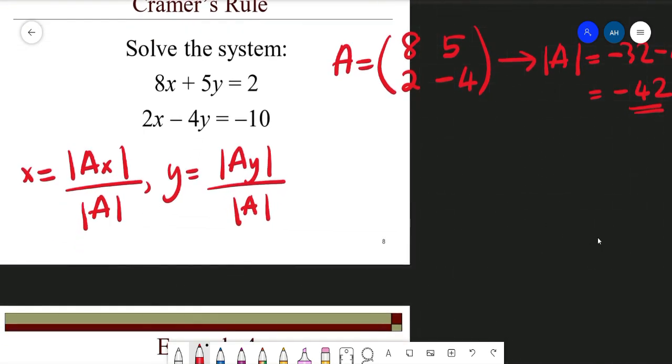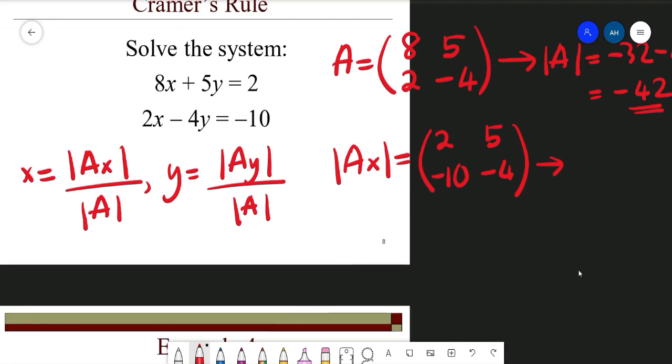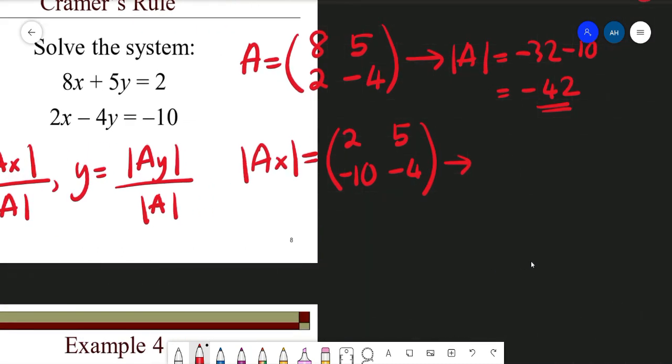Now let's write down the matrix Ax. Matrix Ax is equal to, we are going to replace the first column by the right hand side, that is 2, negative 10. The second column is the same, that is 5. We have negative 4 there. Now from here, can we calculate the determinant of Ax? We have 2 times negative 4 is negative 8.